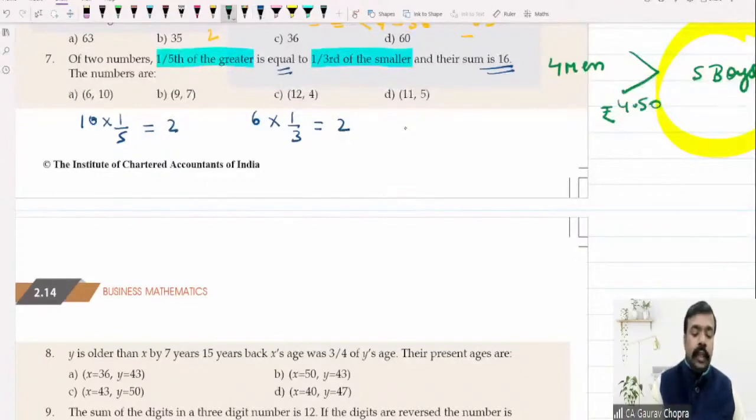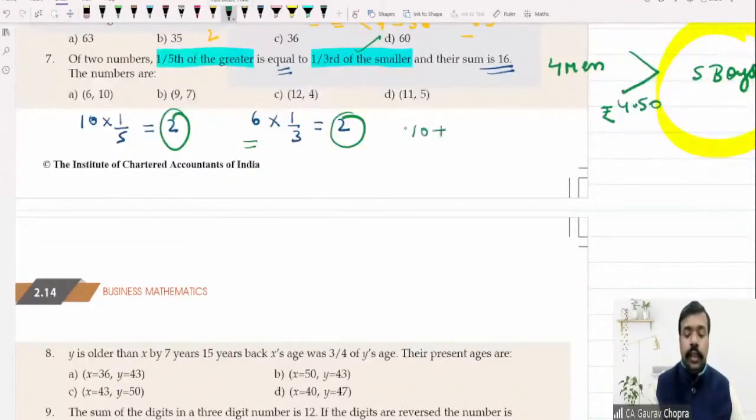So now we can clearly see that this 2 and this 2 both are equal. Now, since both of them are equal, this first condition is satisfied. And also the second condition, that is 10 plus 6 is equal to 16. So both the conditions are verified. Hence, option number A is correct.